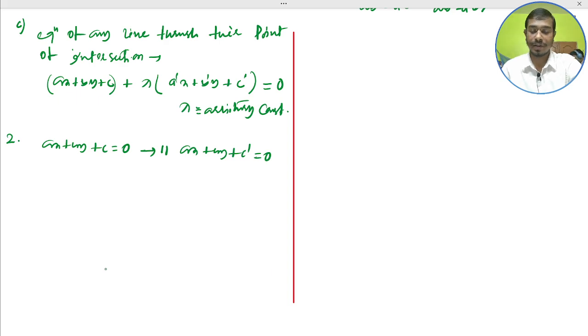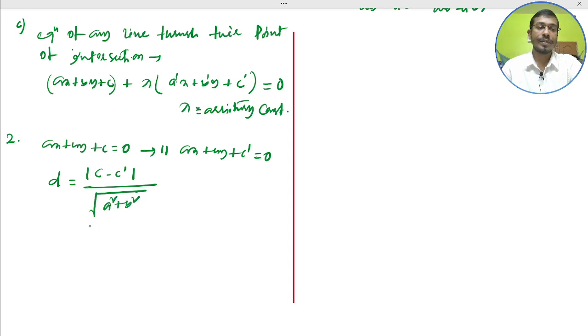Only the constant should differ. So here the distance d is mod of c minus c dash divided by the root over a square plus b square.